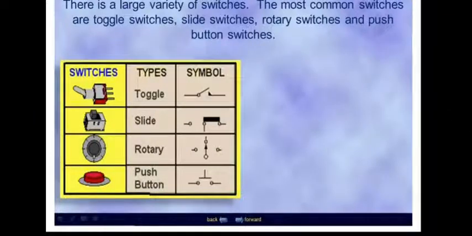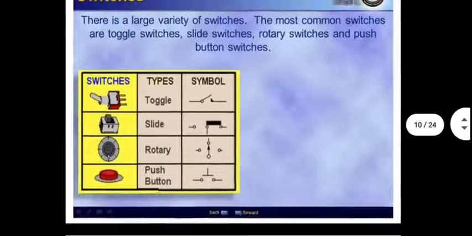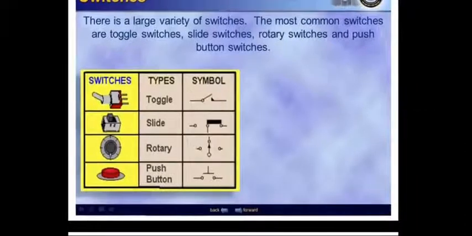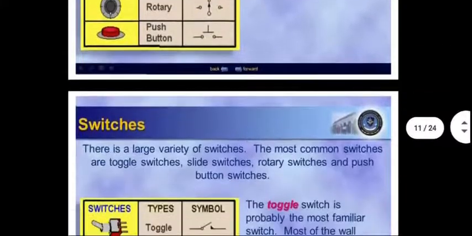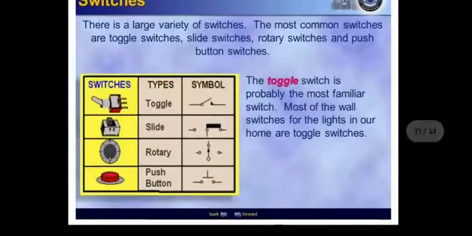There are a lot of other ways of classifying them: toggle, sliding, rotary, push button type. These are all mechanical ways of achieving the same thing. All are popular. Symbols are also shown here, one in the rightmost column. Toggle is probably the most familiar one.